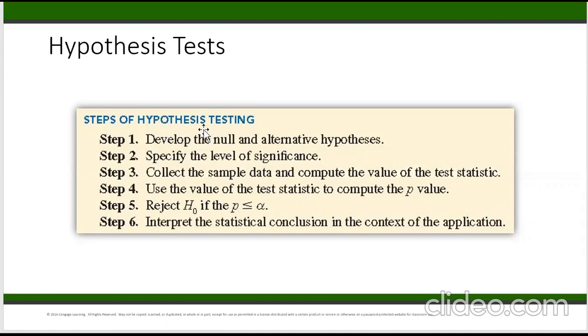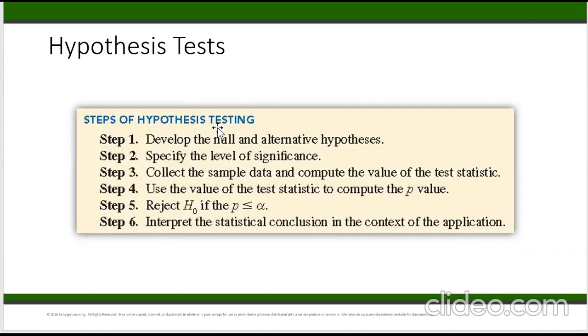because hypothesis testing can be done on different population parameters, and the details might be different depending on what type of parameters you're using, and also the type of the test.